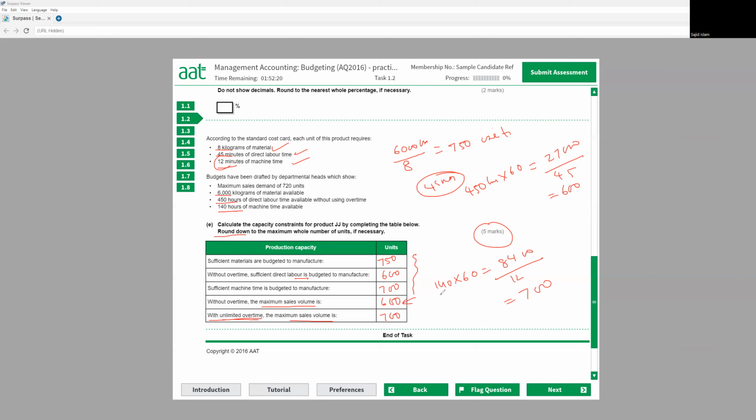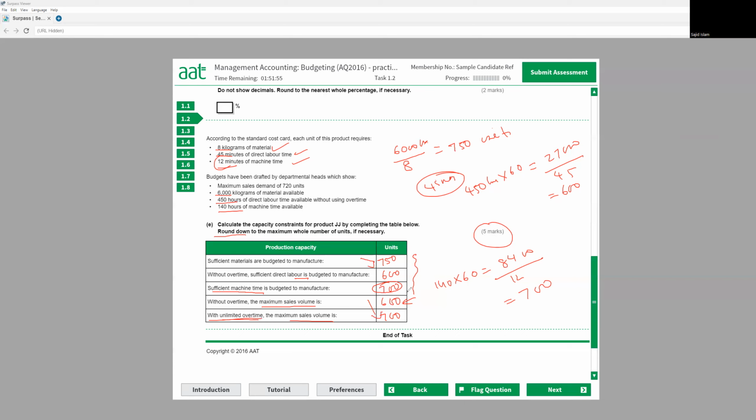But even though I have more labor hours and more material, I have less machine time. Because of the machine time, I will not be able to make more than 700, so I have to stop here.